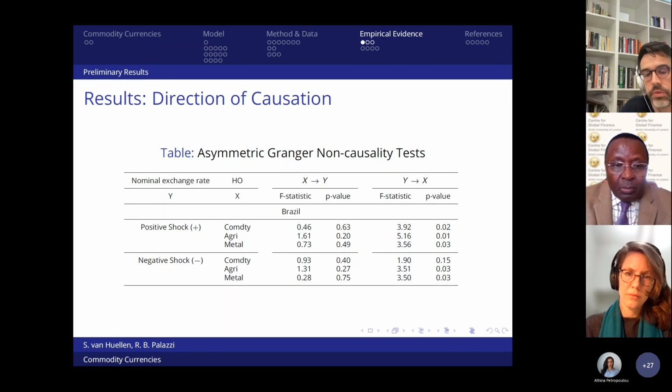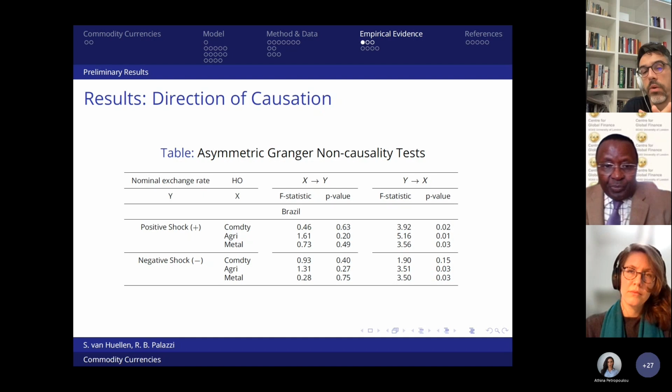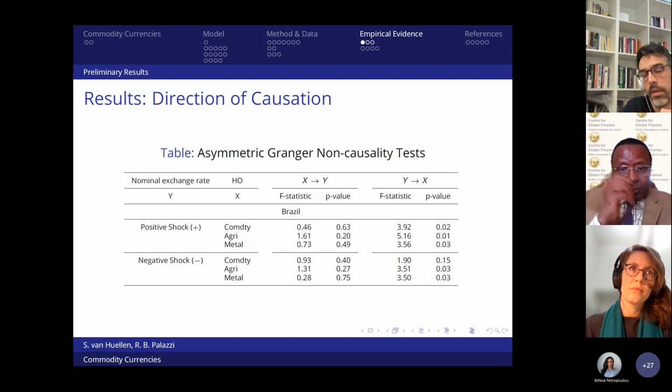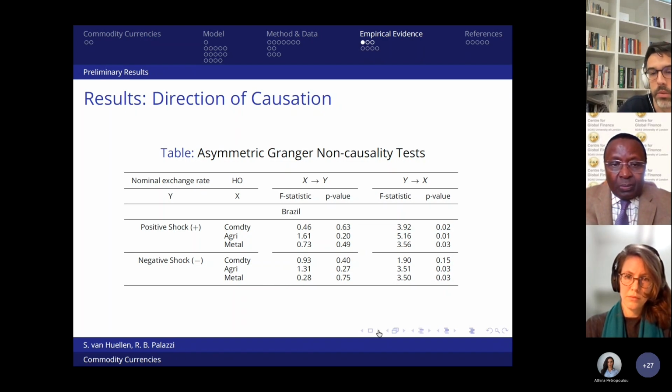It's important to note that we are using the commodity index, but we are also using the sub-index, as Sophie mentioned earlier. Especially for Brazil, we are using the agriculture index, as the agriculture part of the export is the main part. So that's the reason we are using the agriculture index, also metal.